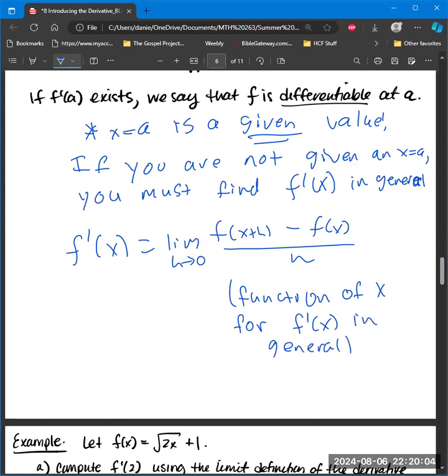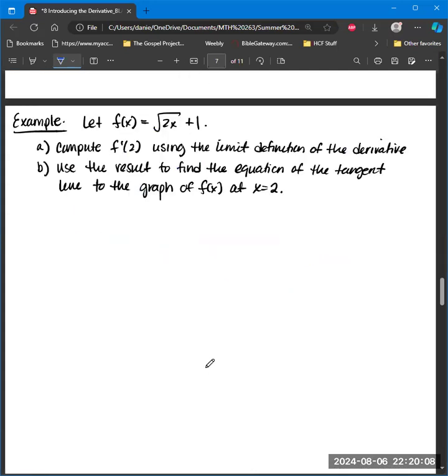All right. So now let's work an example of finding f prime of a. So let's compute f prime of 2 using the limit definition of the derivative. So let's start with that second definition, the one we've been using. f prime of a is equal to the limit as h goes to 0 of f of a plus h minus f of a over h.